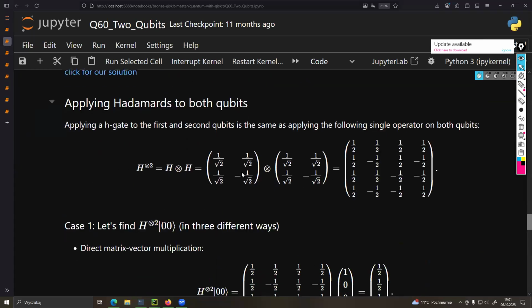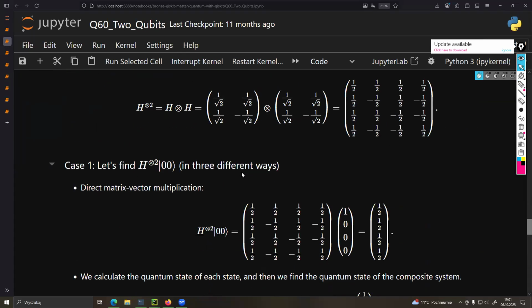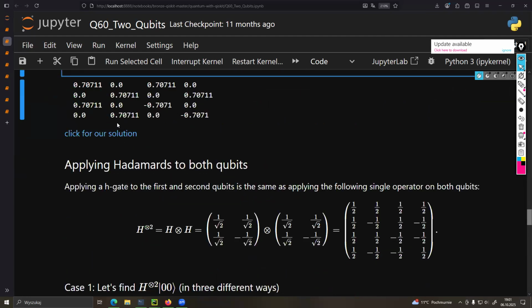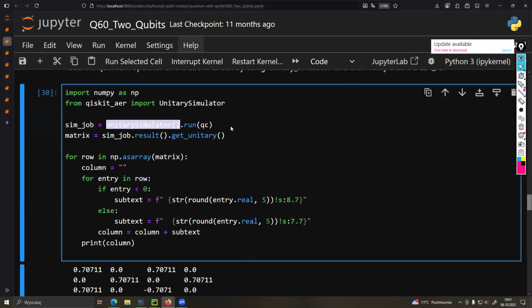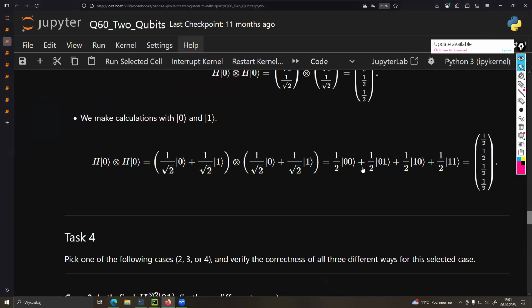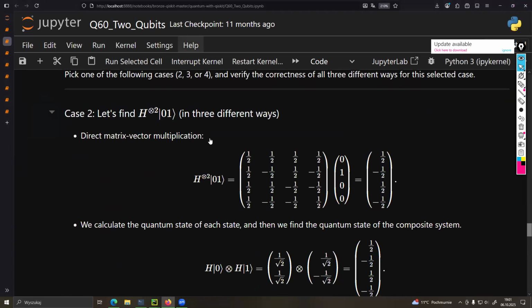So pretty much what we can reason about is that the unitary simulator is here to help us reason about the operations that we apply on different qubits. And here we have a regular matrix multiplication of H tensor 2 against some of the states.